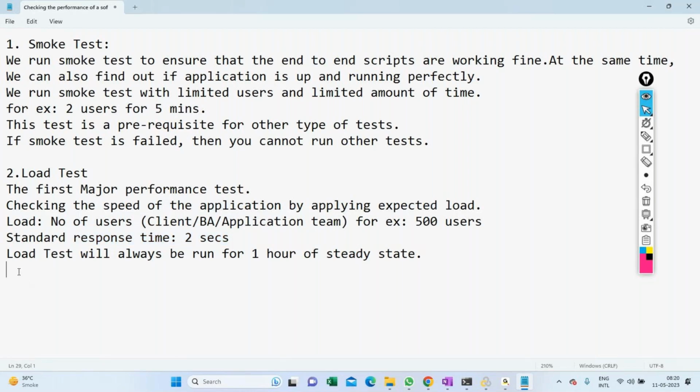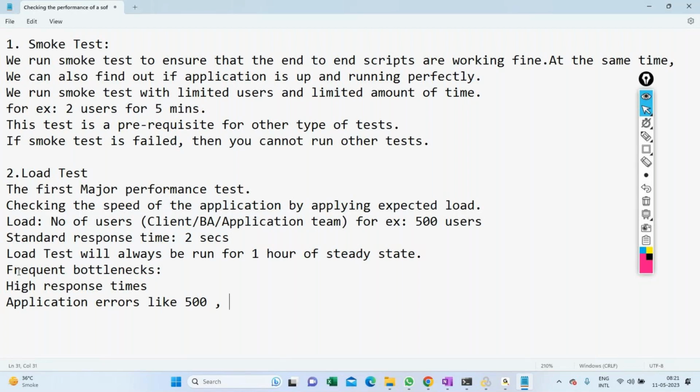So frequent bottlenecks are high response times. High response times is what we observe. Then application related errors, like 500, 502, 503, these error codes.